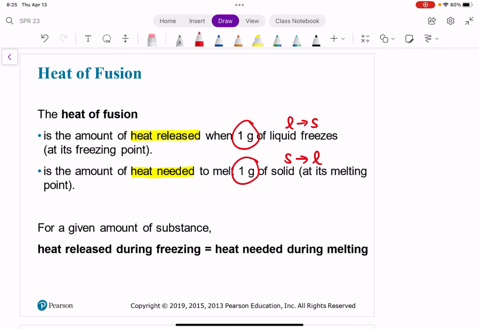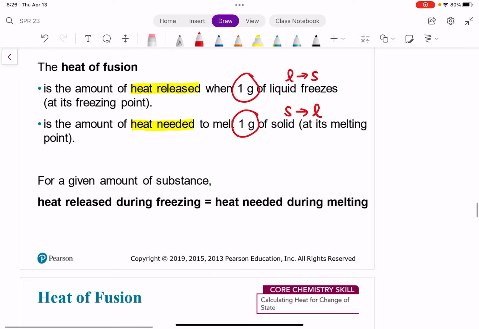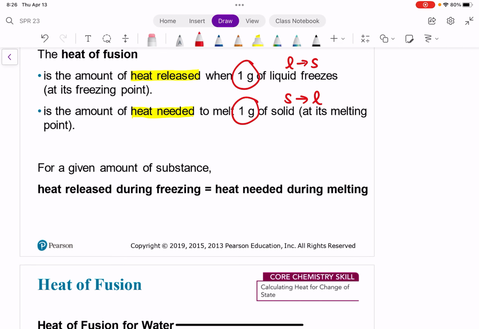And this might sound weird, but another way of thinking about it is that the amount of heat released during freezing, going from liquid to solid, is the same amount that's needed to go from solid to liquid. The amount of heat that you put in when you're melting something is the same as the heat released when you're freezing something.